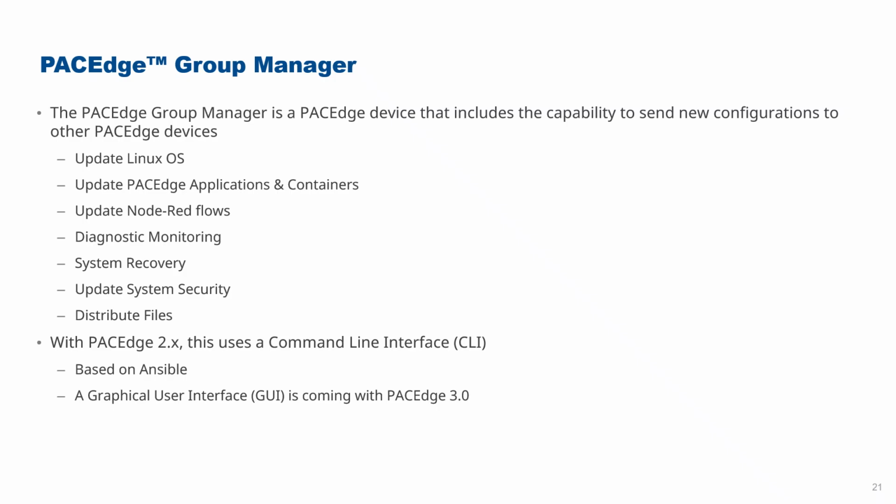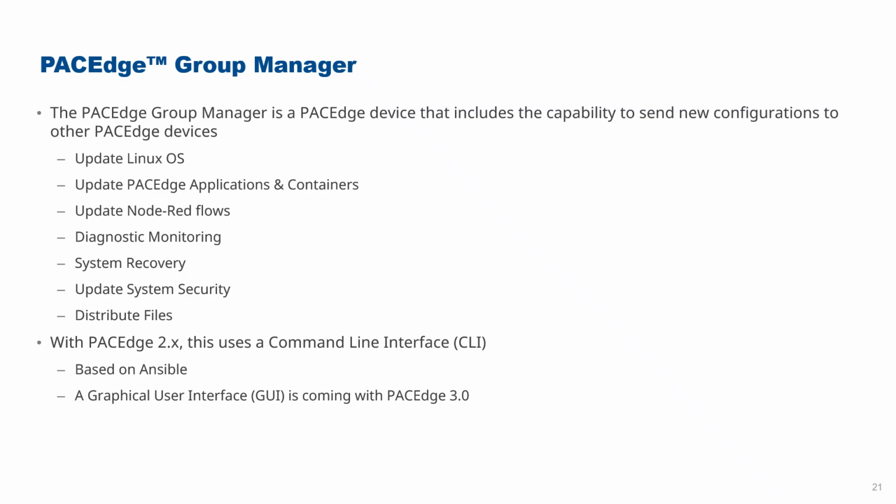It also performs functions such as diagnostic monitoring. You can use it for system recovery. You can use it to update system security, and you can use it to distribute any other files in case you've developed your own applications or you've done your own configuration on top of our PACEdge applications. So it gives you all the capabilities you need to manage multiple remote devices very easily.